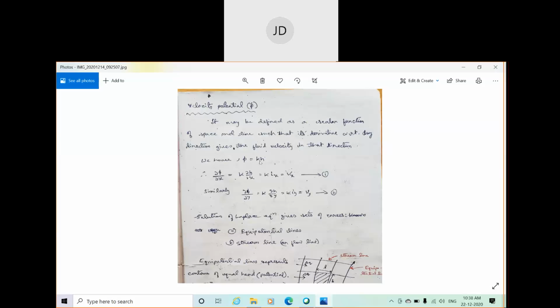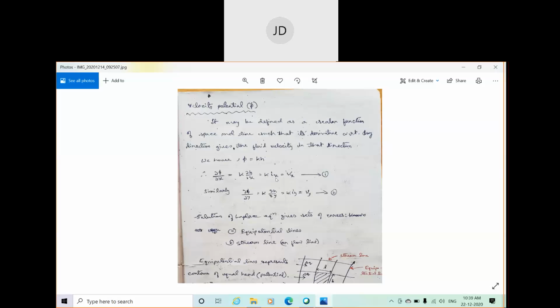K is a constant, so it comes out, and k into del h by del x remains. H represents the head difference, and x represents the length traveled by the water. So del h by del x is the hydraulic gradient in x direction, Ix. So we have k into Ix.